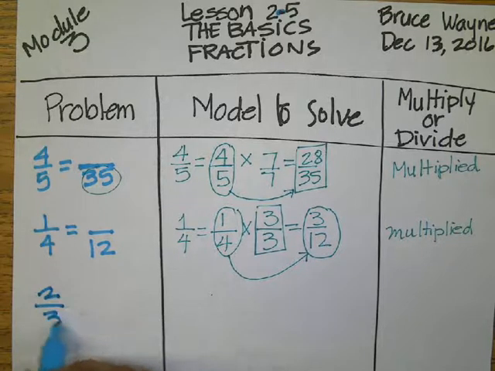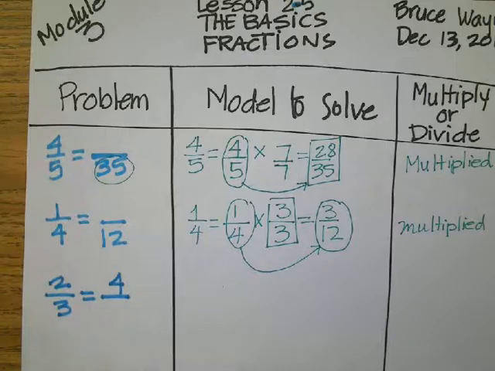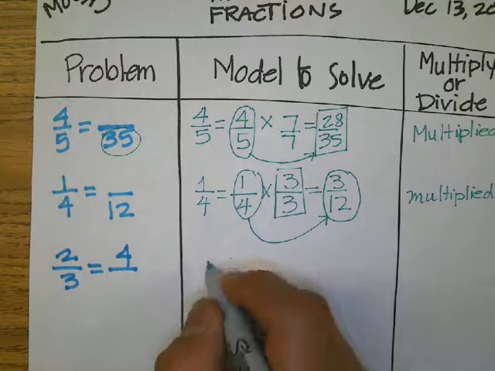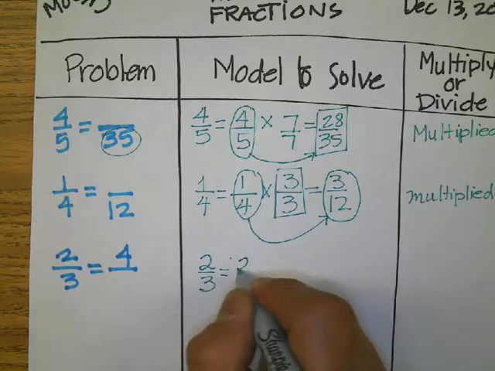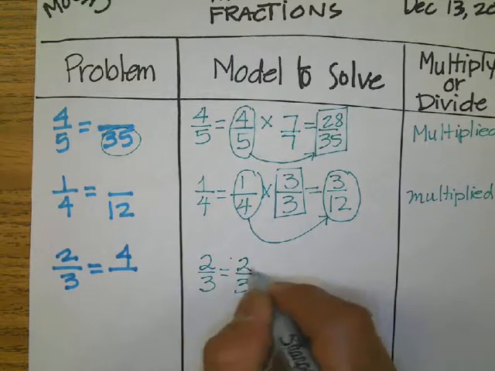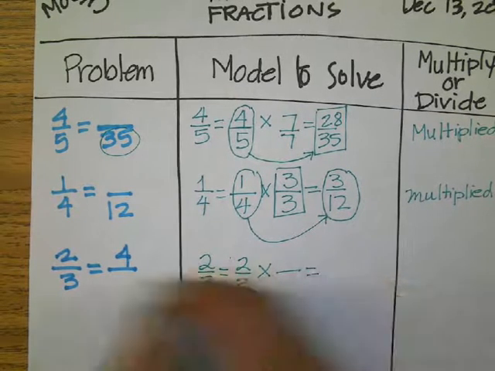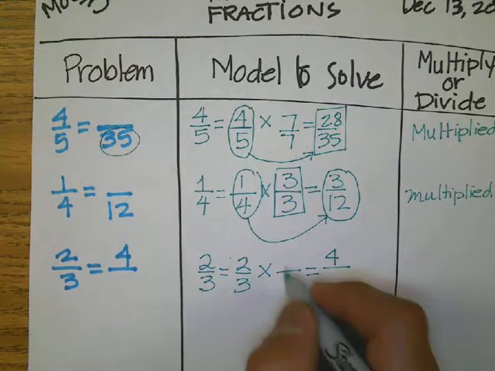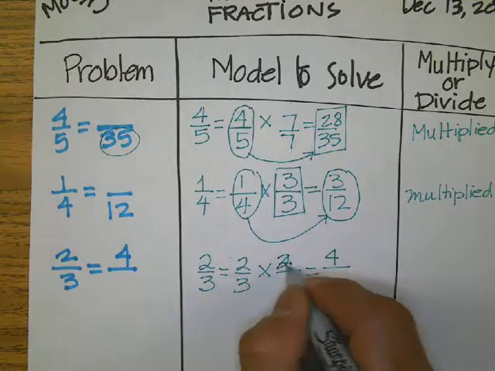2/3 equals blank over 4, and we have a missing number, which is the denominator. Let's apply the same technique. 2/3 equals 2/3 times a number that will equal the numerator 4. So if we multiply the 2 times 2, that will be 4.